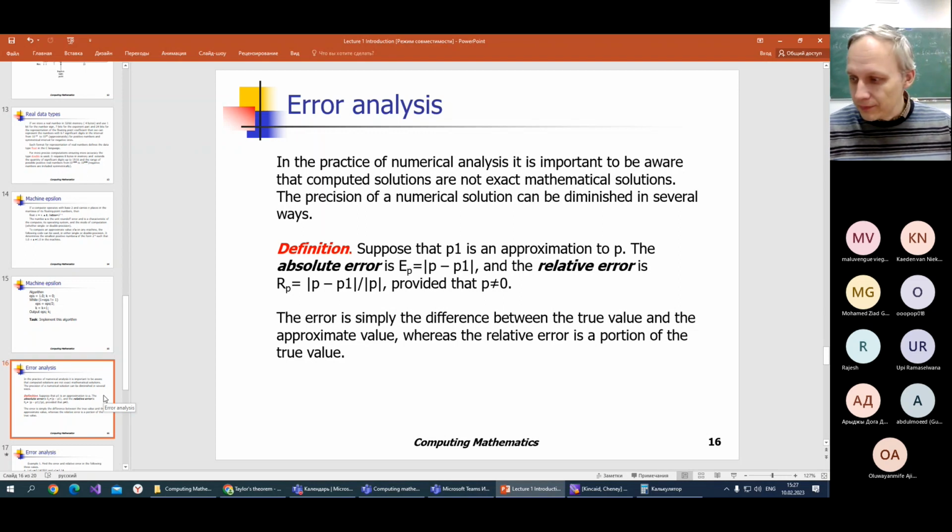For example, if I ask you what the temperature is now, you can tell me it may be minus 2, minus 3 degrees. It's 2 or 3 degrees below 0. It's not a very precise value. It's a value with some mistake.